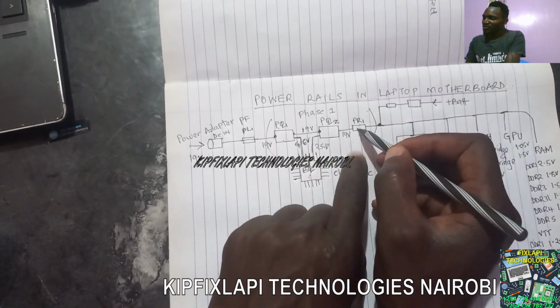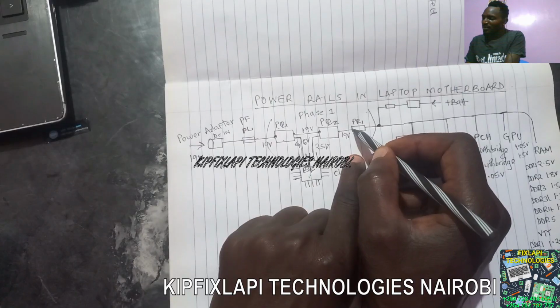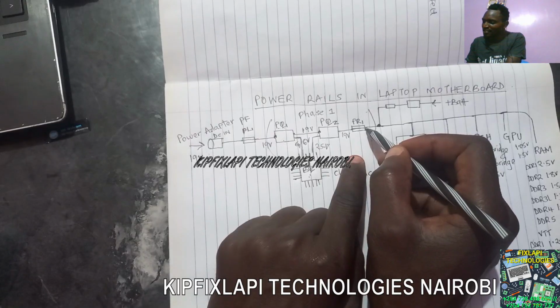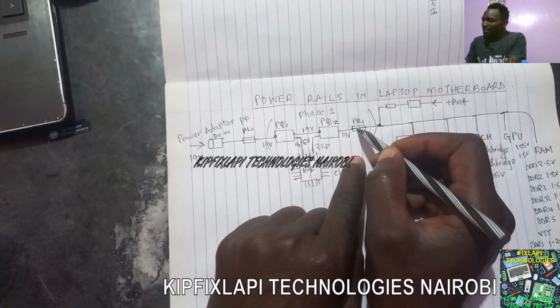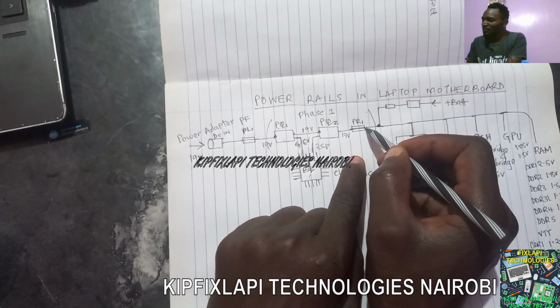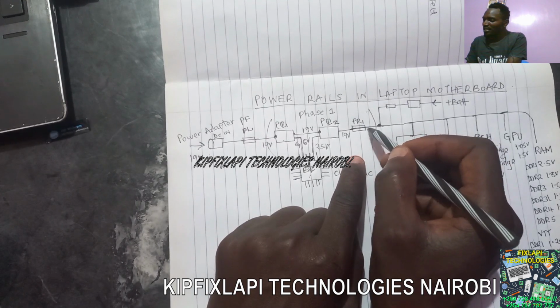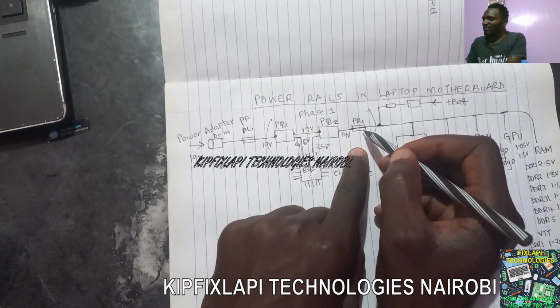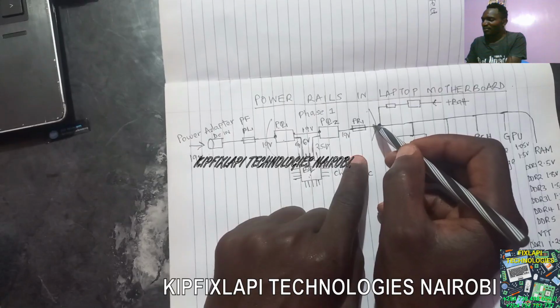So once 19 goes past here, it will pass through the current sense resistor, and we say this current sense resistor allows the standard amount of current going into the motherboard. It ensures the correct current goes past there into the motherboard, right?